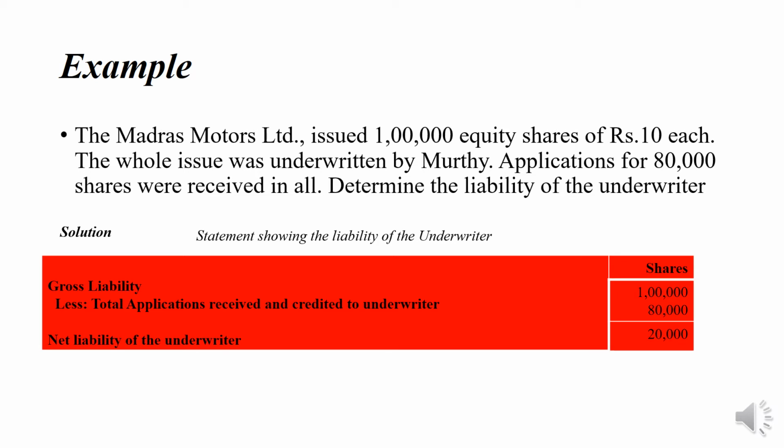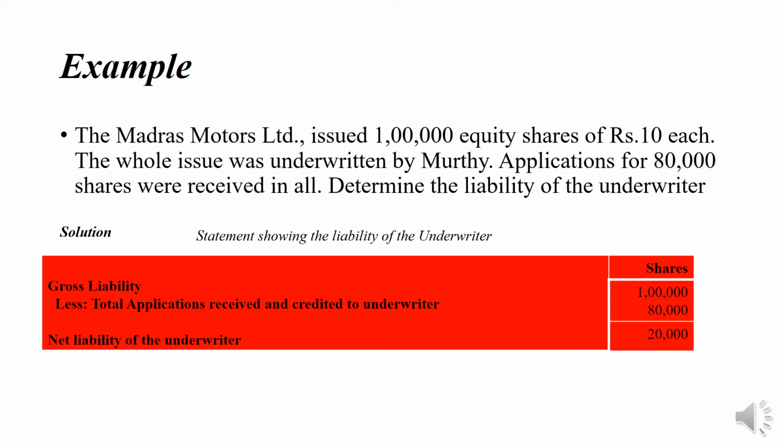From that, you have to deduct the total applications received and credited to the underwriter. Total applications received by the company is 80,000, meaning both from the underwriter and the public. After deducting this 80,000, we get a balance of 20,000, and that becomes the net liability of the underwriter.